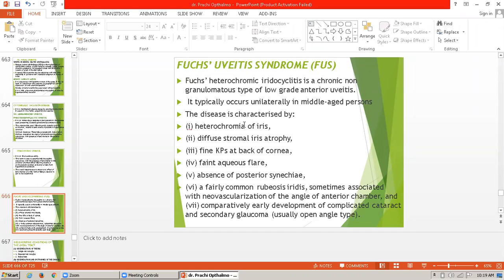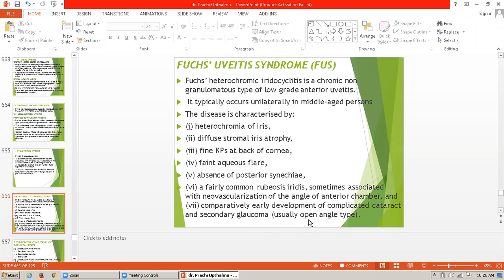So, this disease is characterized by heterochromia of the iris, then diffuse stromal iris atrophy, fine KPs at the back of the cornea, faint aqueous flare, absence of posterior synechiae, a fairly common rubeosis iridis, sometimes associated with neovascularization of angle of anterior chamber, and comparatively the early development of complicated cataract and secondary glaucoma, usually open angle type.